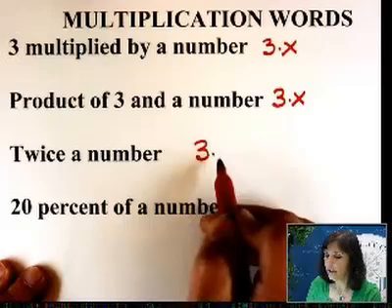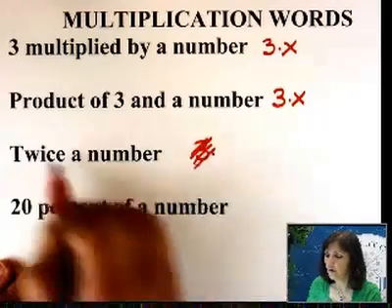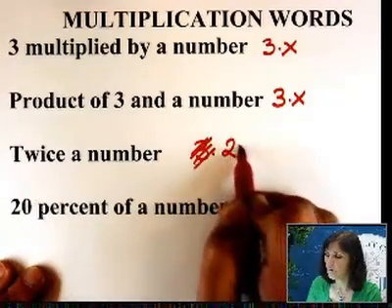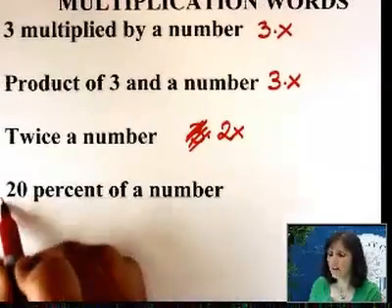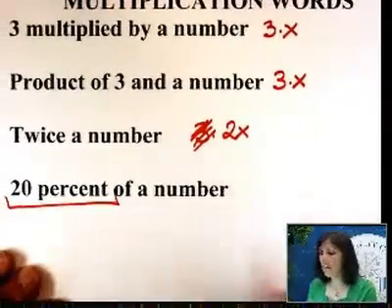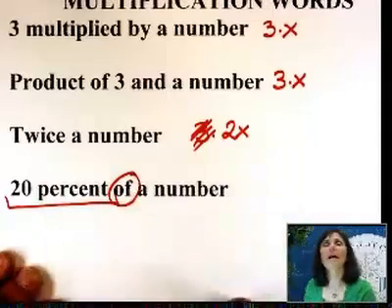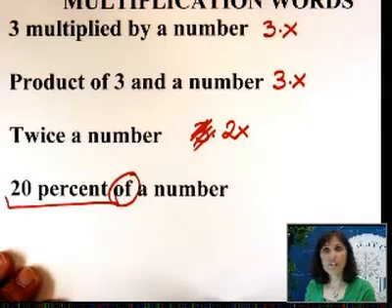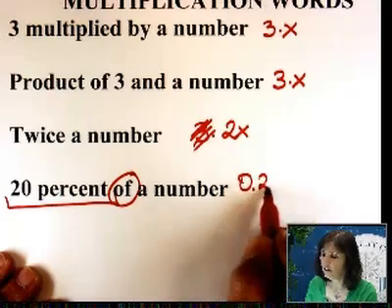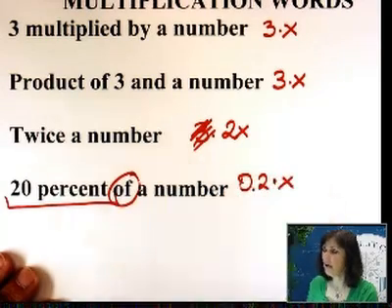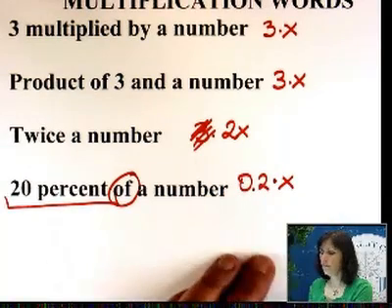It's just multiply. Twice is 2 times. 20% of a number, that's a good one. When you see a percent and the word of, that is a multiplication. 20%, change it into a decimal. 20% is 0.2 of a number, 0.2 times x. All right.